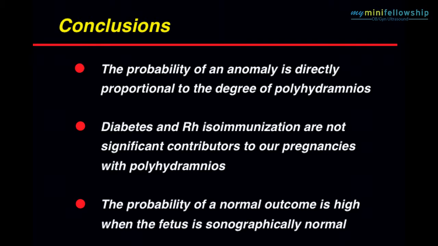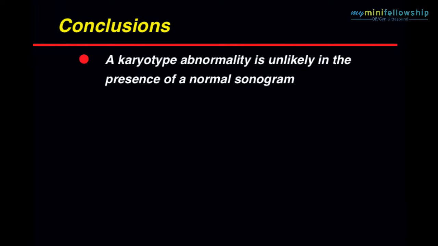The probability of a normal outcome is high when the fetus is sonographically normal. A karyotype abnormality is unlikely in the presence of a normal sonogram. Now, I would never dissuade a woman from getting an amnio despite the fact that the fetus appears normal.